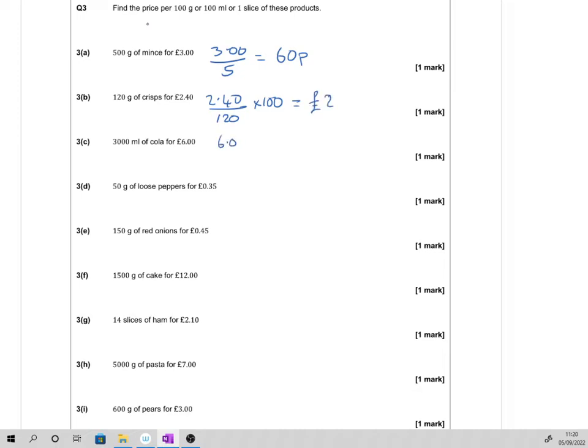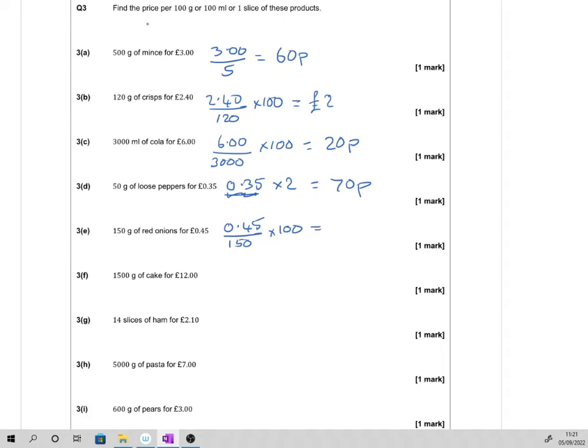Okay, so £6 divided by 3,000 times 100. So 6 divided by 3,000 times 100 is 0.2, which is 20 pence. So 0.35 divided by 50. I just multiply that by 2 equals 70 pence. 0.45 divided by 150 times 100.